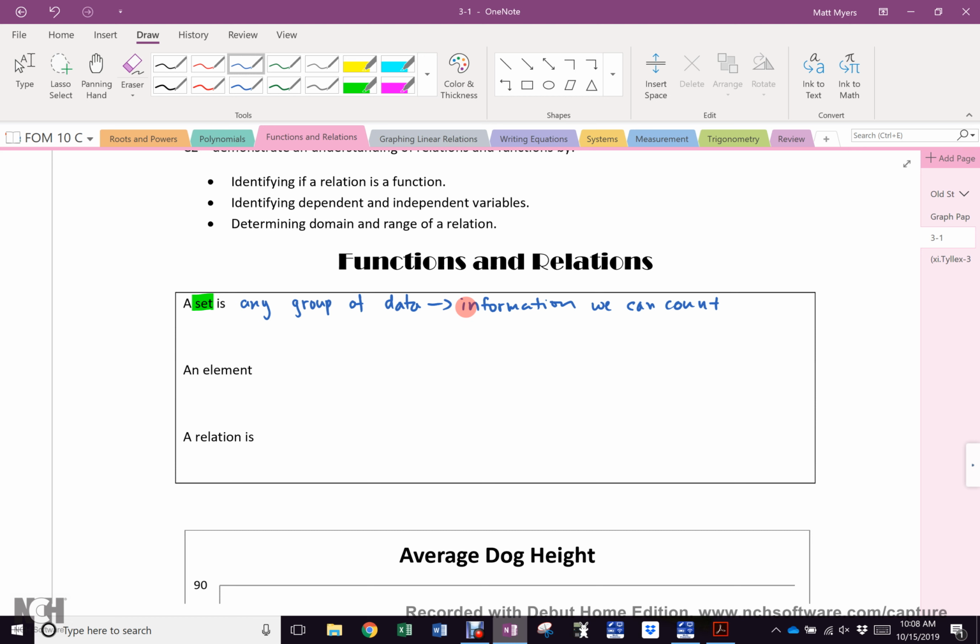Everybody cool? Okay. The next new word is an element. An element is a single piece of data, which means sets are made up of elements.